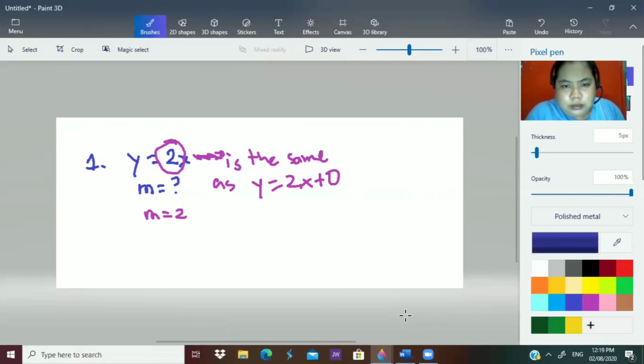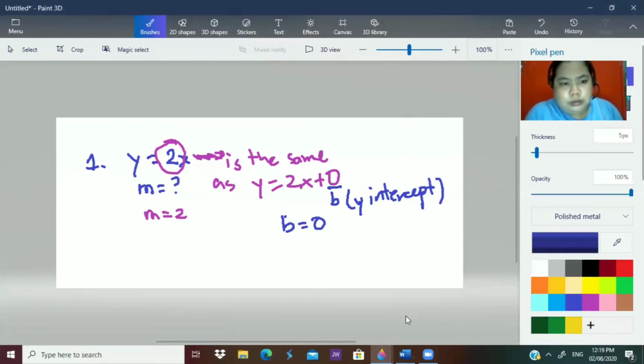So here, this is your b, or y-intercept. So your b is equal to 0. So your slope is 2 and your y-intercept is 0. Okay. Second example.